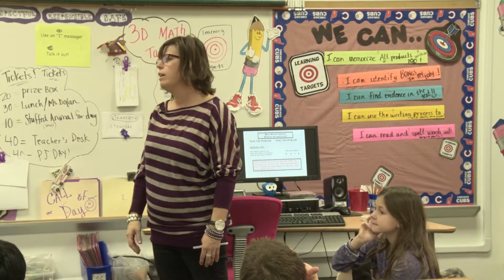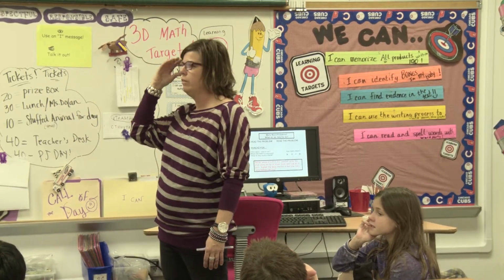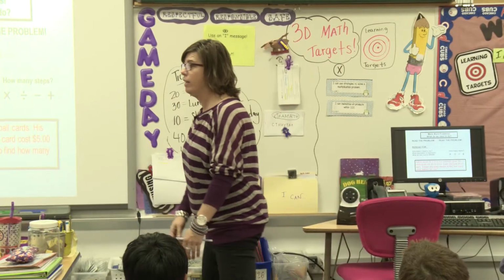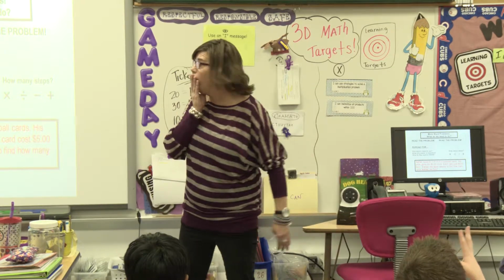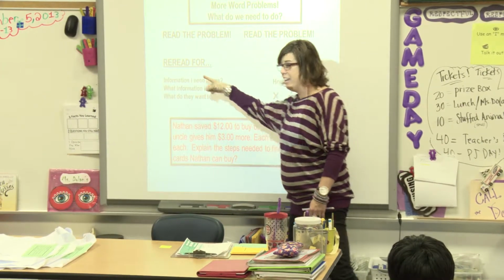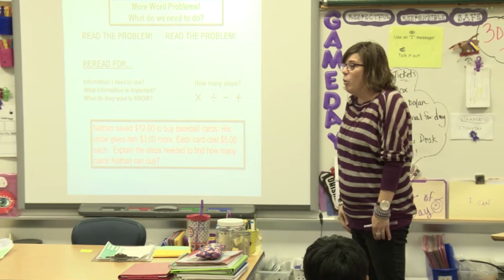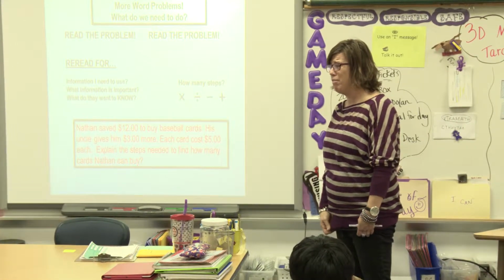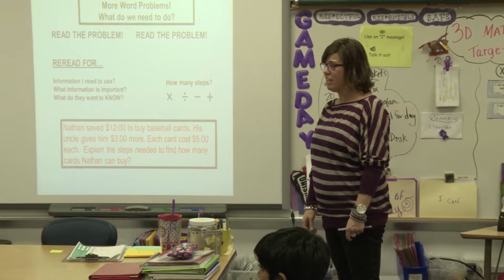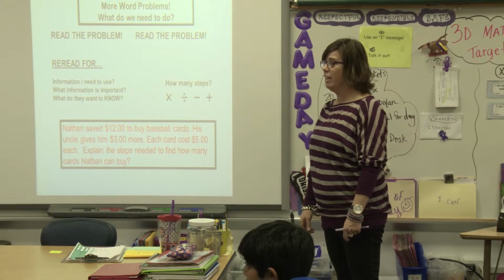Because it's a 2-step word problem. Well, it's a 2-step word problem, but why do you think I wanted to read the problem twice? Riley? So you actually know that you're supposed to read them. Yeah, so you make sure you really read it. Oh, Kyle, what does this say? We reread. What does reread mean, Kyle? It's like if you read one word, and it doesn't make sense, you might want to read it again. Yeah.